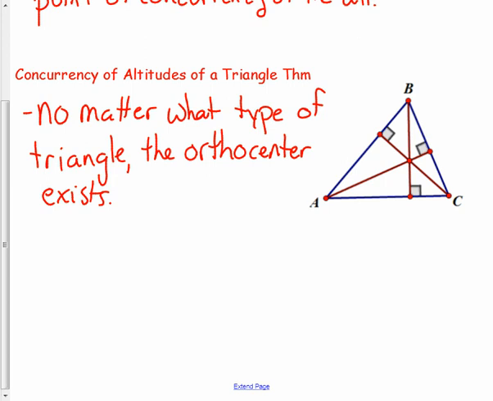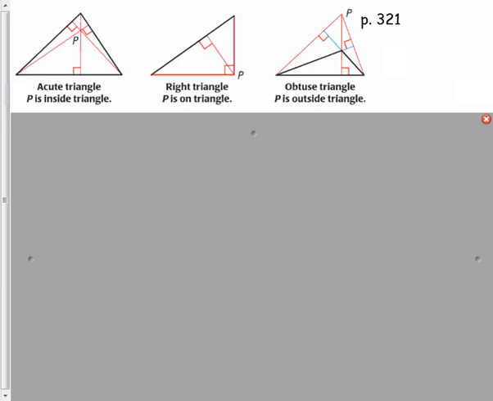There's no other relationship, so realistically, take it for what it is. It does exist. And as demonstrated here, and also in your book on page 321, it shows where the orthocenter is for different types of triangles. Again, just like when we did circumcenter, we are going to do an activity in which we find these for different types of triangles.